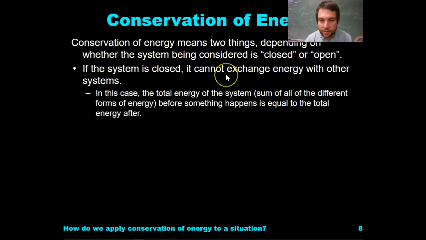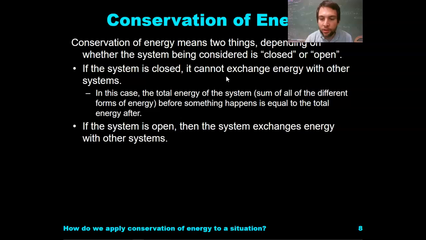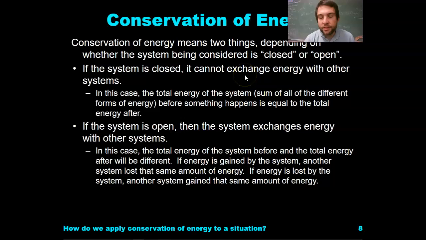The total energy of the system, the sum of all the energies, before something happens is equal to the total energy after. If the system is open, then the system will exchange energy with other systems. So what that means is if I have energy and then I lose energy, that energy has to go somewhere. If I don't have energy and then I gain energy, that energy had to have come from somewhere.